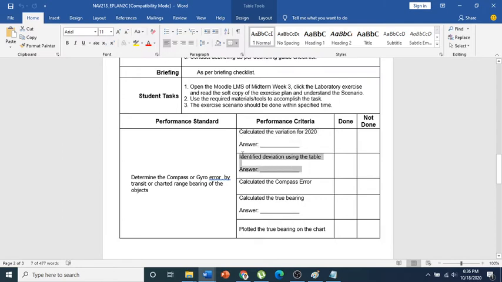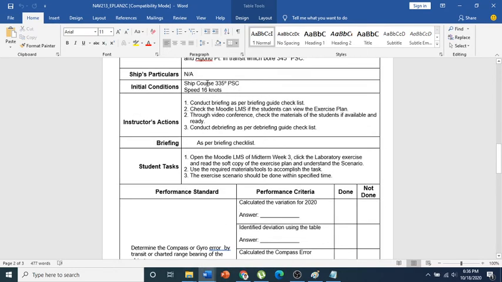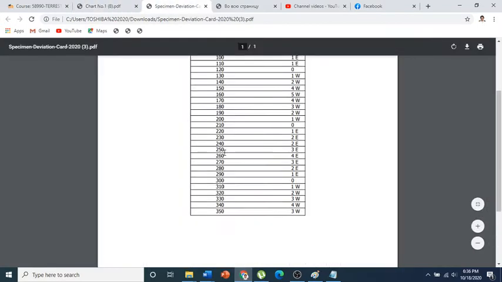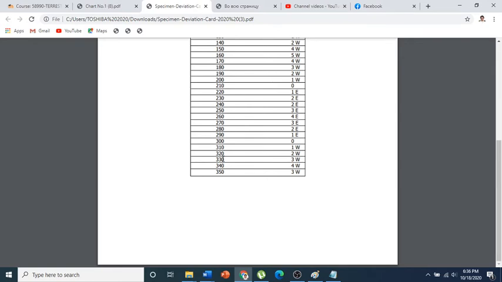Next one is to identify the deviation using the table. Remember that our ship's course is 335. We go to the table. 335 is between 330 and 340, and 330 is 3 degrees and 340 is 4 degrees.